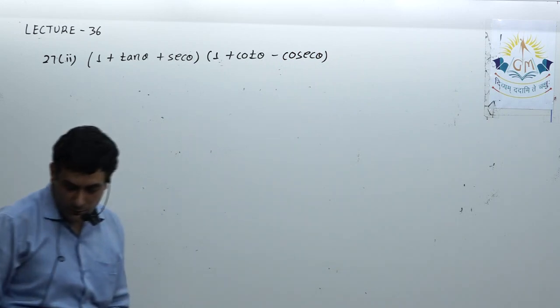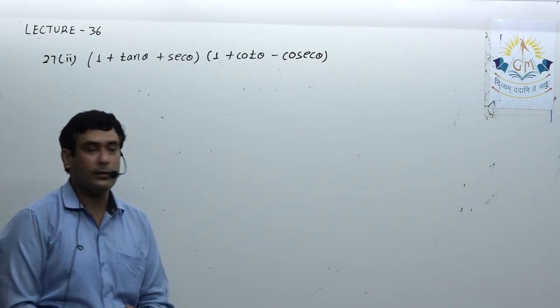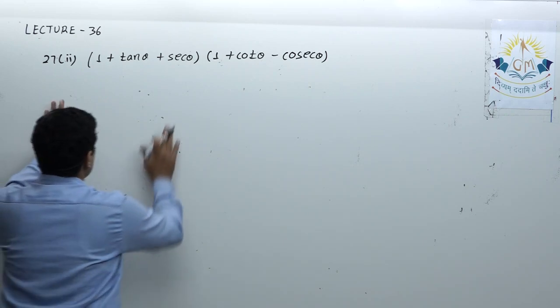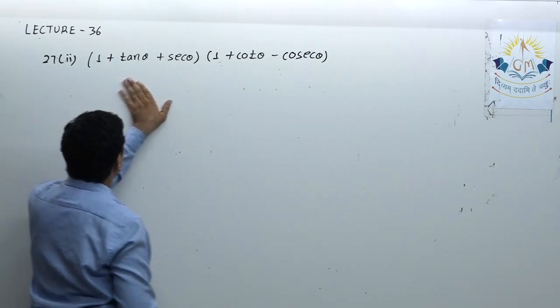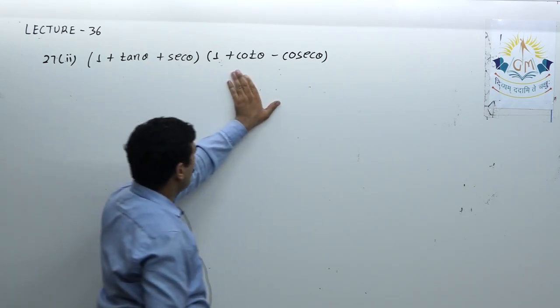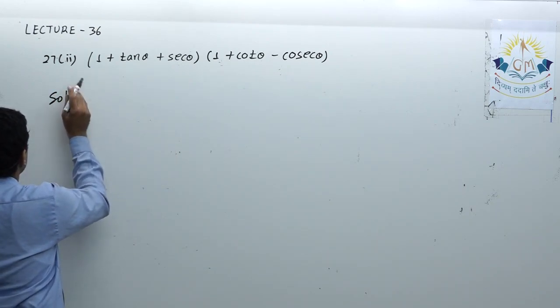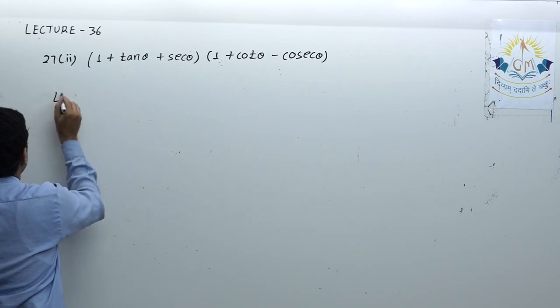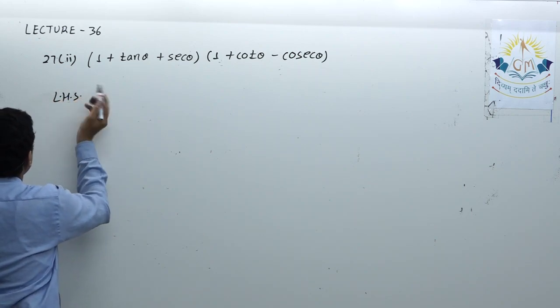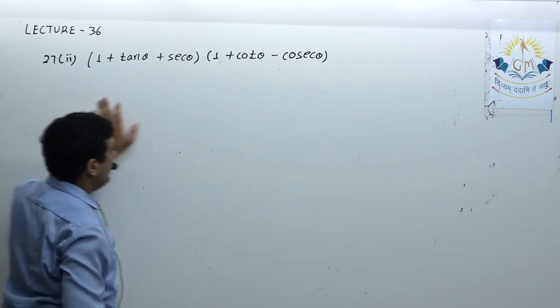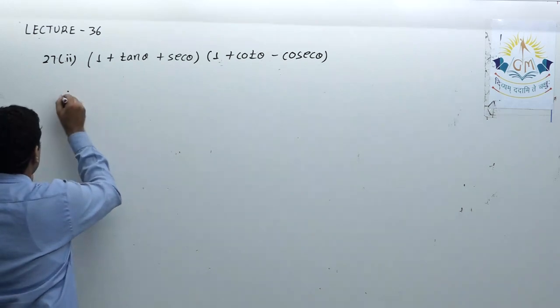That we have to identify, which among them is the correct option. So 1 plus tan theta plus sec theta, 1 plus cot theta minus cosec theta. So we'll start its solution from the left hand side. There isn't anything on the right hand side, so simply I will start solving this.